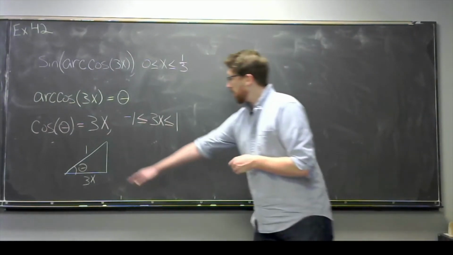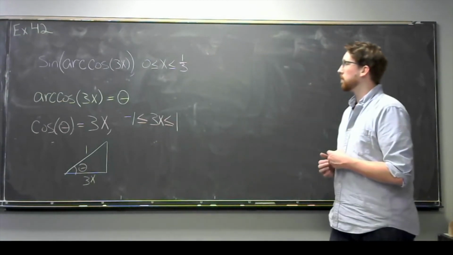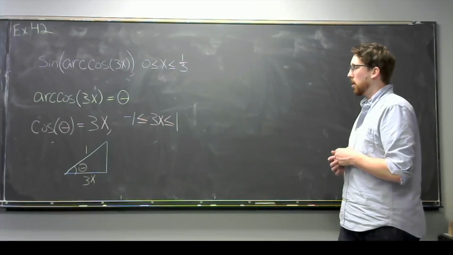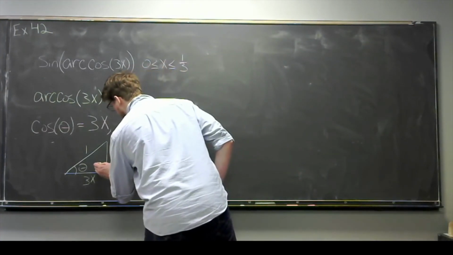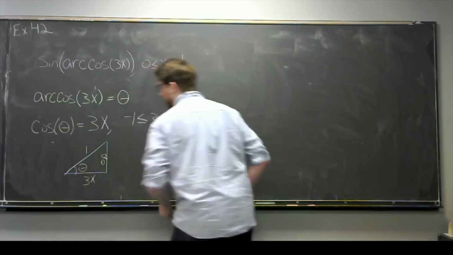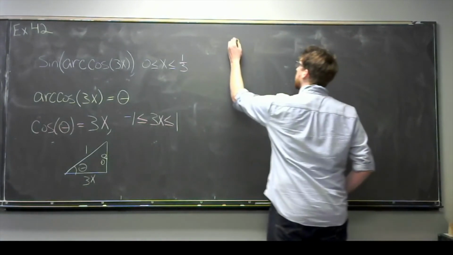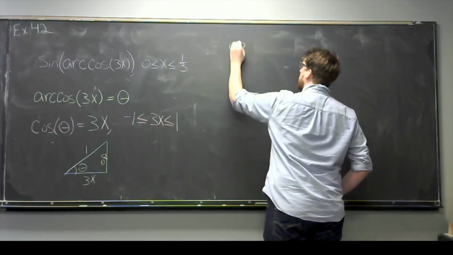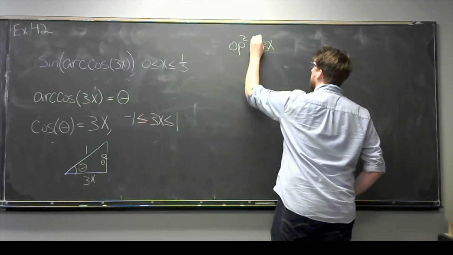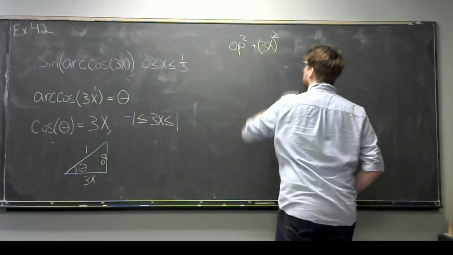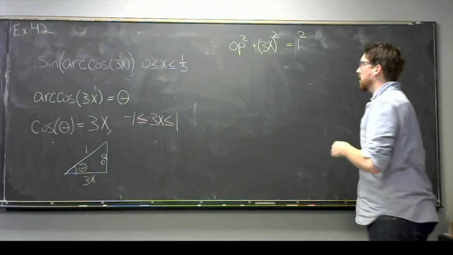Now we just need to find out what this opposite leg is, right? I'm going to call it OP, like we've been calling it. But we know OP squared plus the quantity 3 times x squared is equal to 1 squared.